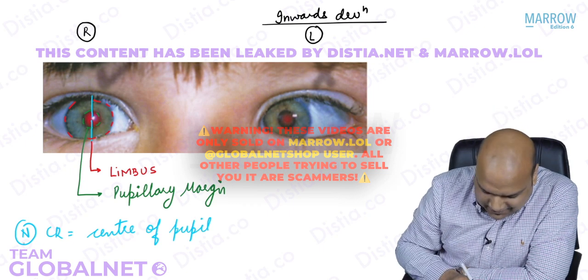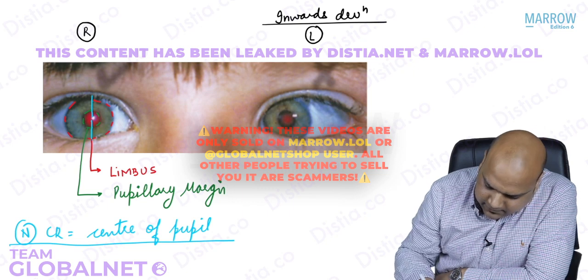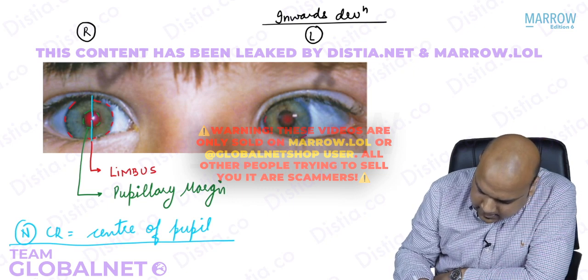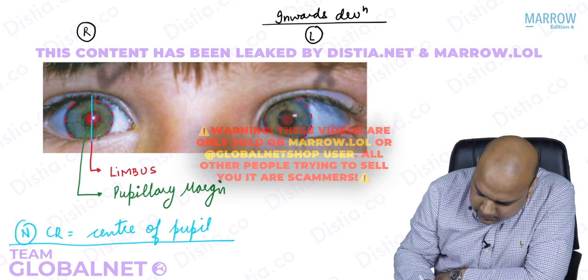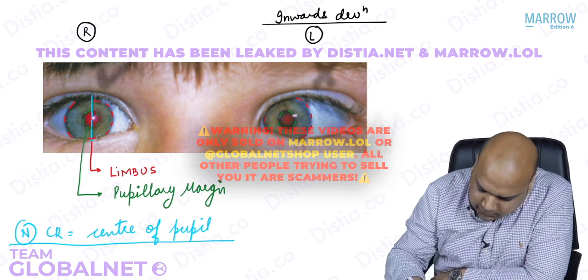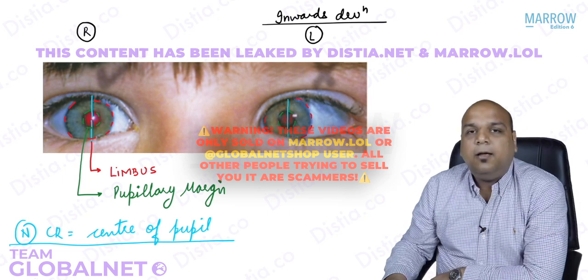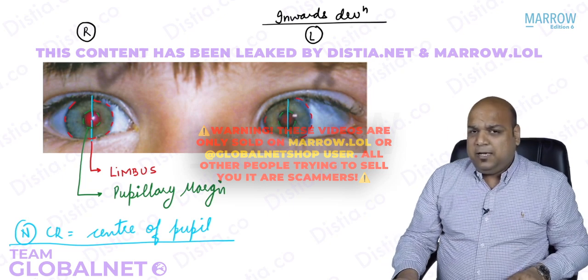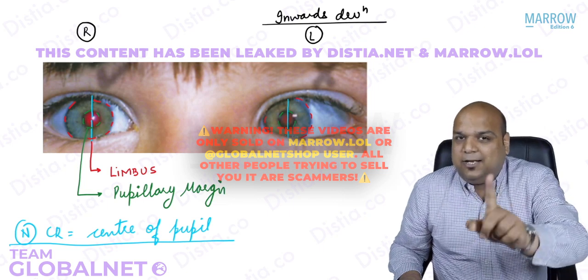Now, let's see the left eye. In the left eye, again, I will draw this landmark first. I am drawing in red color the corneoscleral junction or the limbus. Then I am drawing in green color, again, the pupillary margin. And in blue color, I draw a line through the center of the pupil. Now, it is very clear to me that in the left eye, the corneal reflection is not in the center of the pupil.